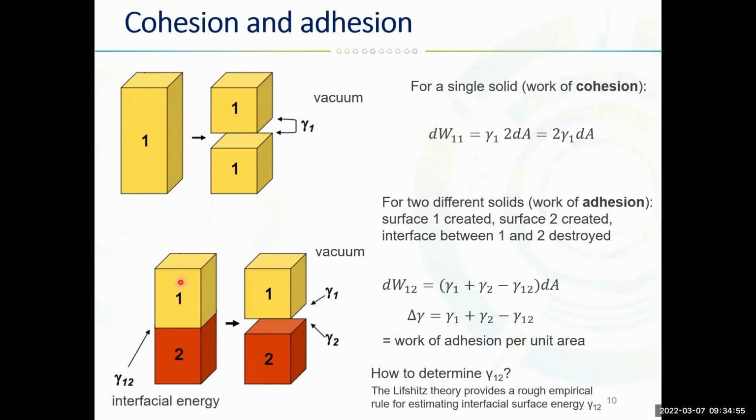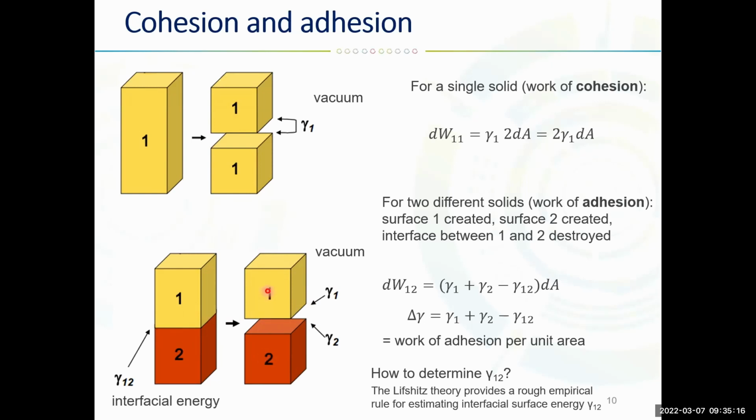For two different solids, the case of most interest in atomic force microscopy, of course, is when two materials come into contact with one another. Here I just illustrate it as two cubes.